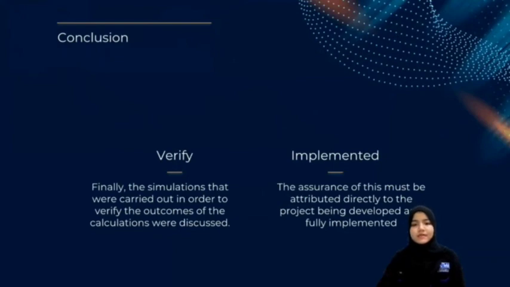You can see here it has 2 points, verified and implemented. This article describes the design and implementation of a 5 watt audio amplifier, which has been designed and implemented in this paper. Finally, simulations were carried out in order to verify the outcomes of the calculations that were discussed.